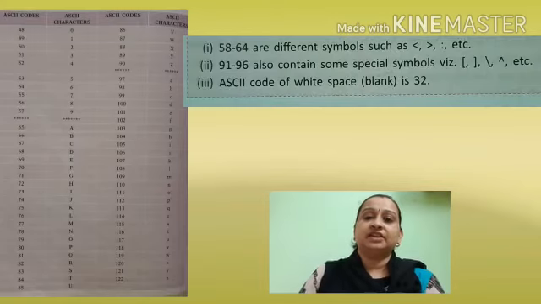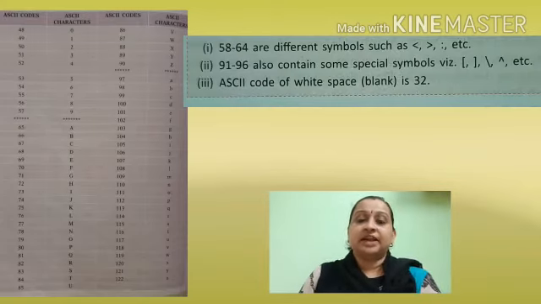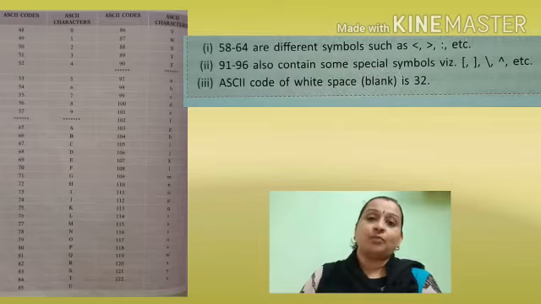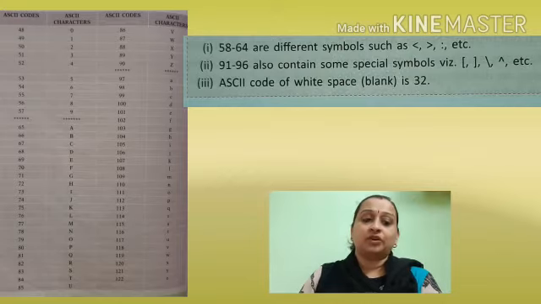Here we can see there is a list. So the ASCII characters like digits from 0 to 9 have ASCII codes from 48, 0 as 48, 1 as 49.